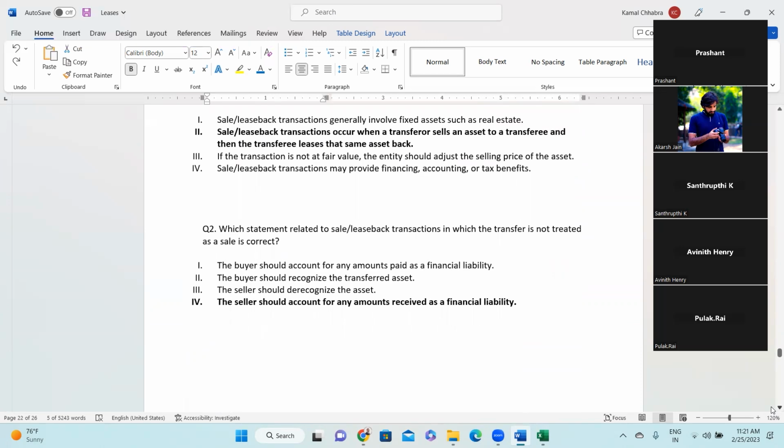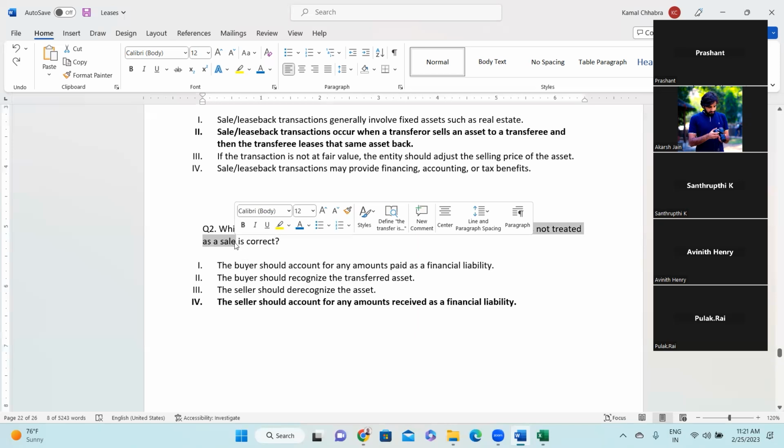Okay, so next question. Which statement related to sale and leaseback transaction in which transfer is not treated as sale is correct? The buyer should account for any amount paid as a financial liability. The point here is that transfer is not treated as sale.